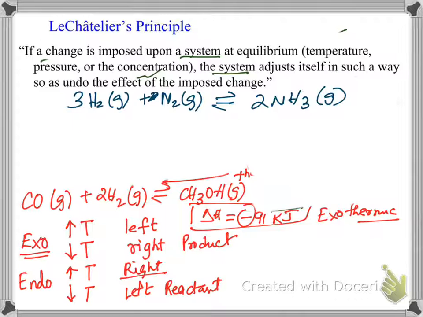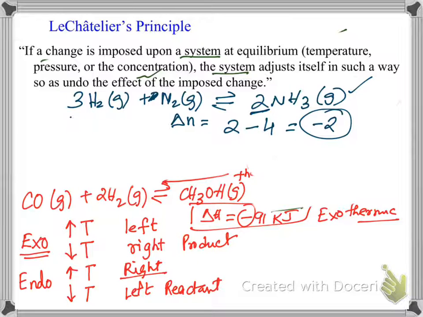You can study the effect of pressure only on the gaseous molecules. Then you calculate delta N, which is the number of moles of gaseous products minus the number of moles of gaseous reactants. You have 2 moles on the product side, and on the reactant side you have 3 plus 1, 4. Delta N is -2.